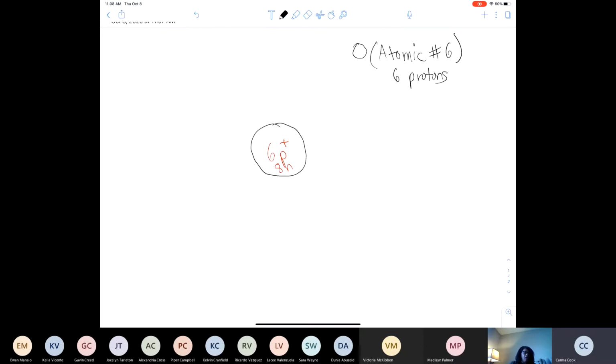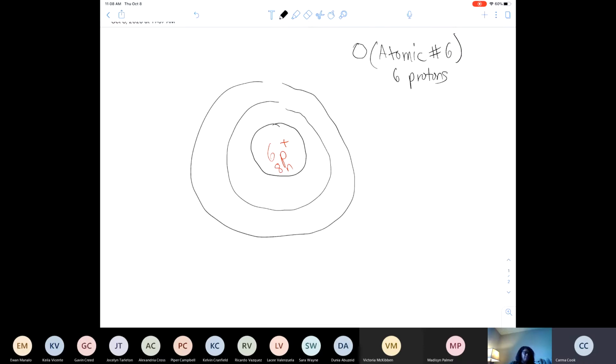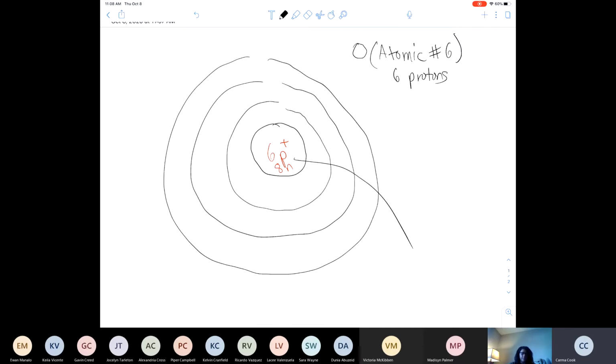And so we learned also, when we learned atomic structure, I think it was chapter 2, that in the nucleus are your neutrons and your protons. Surrounding the nucleus are the electrons.